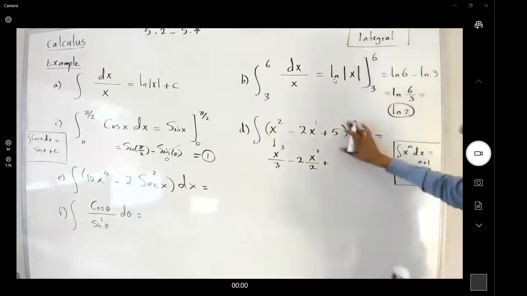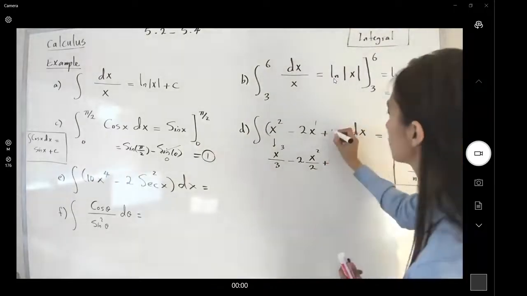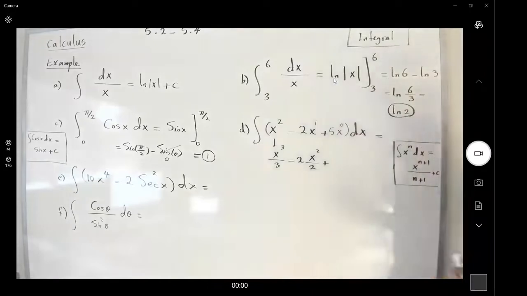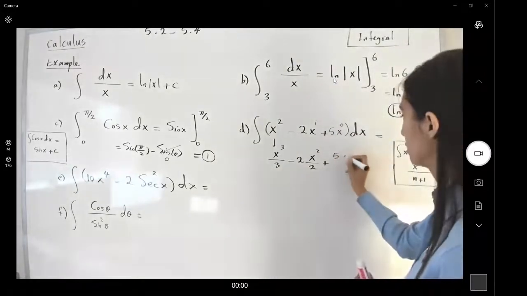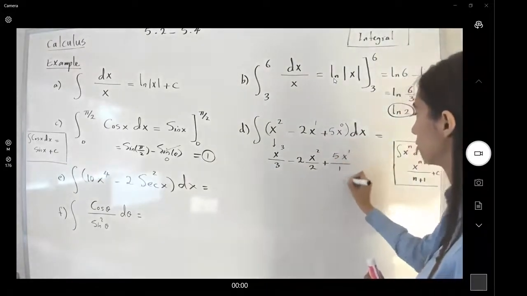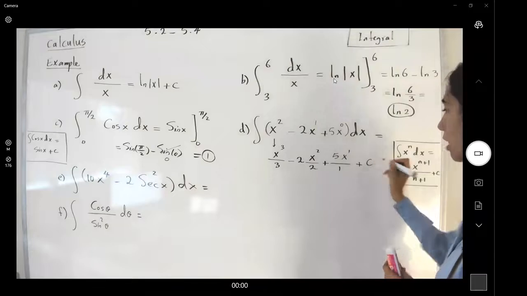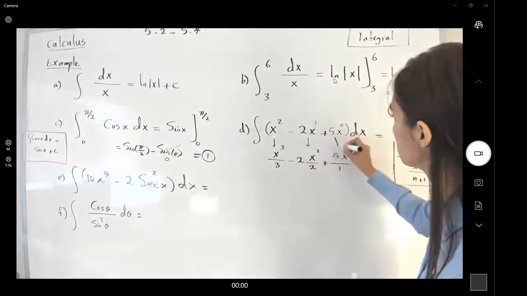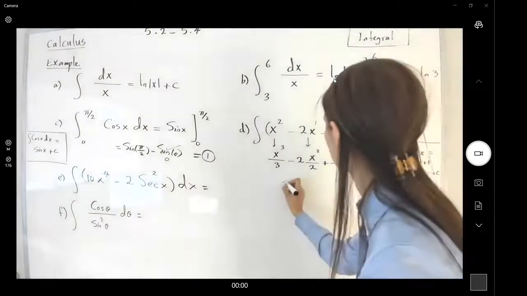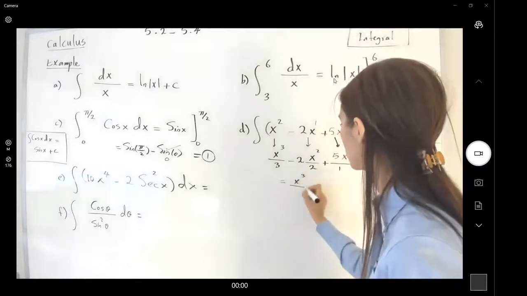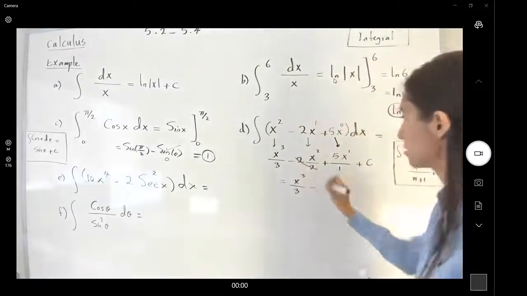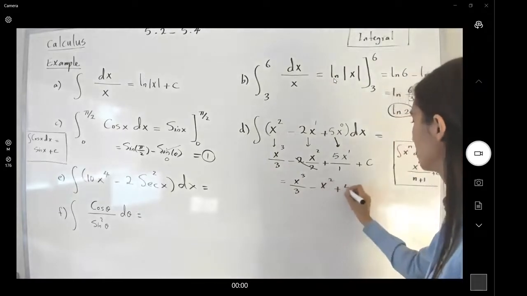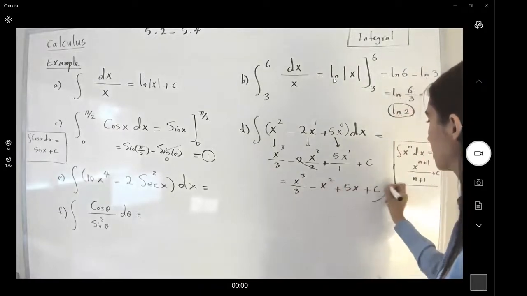It doesn't have any x next to it, but what's the meaning of that? It means that you had x with exponent 0. So you have 5 times x to the first power divided by 1 plus constant of integration. So of course we can simplify this. We get x cubed divided by 3 minus, we can cancel out 2 and 2, x squared plus 5x plus c.